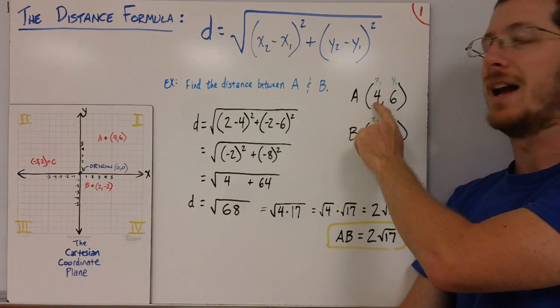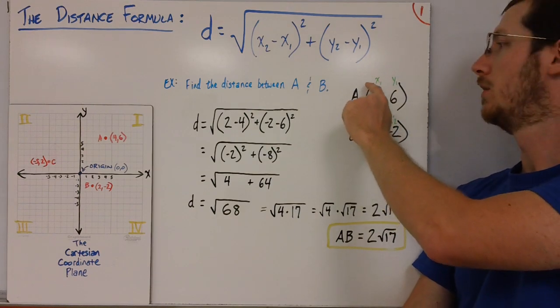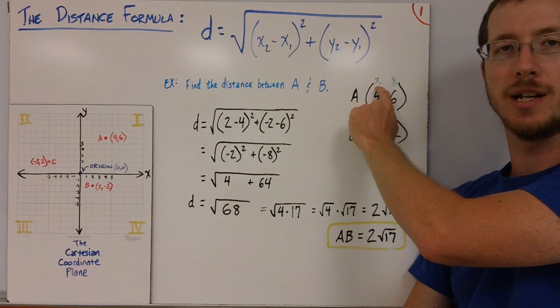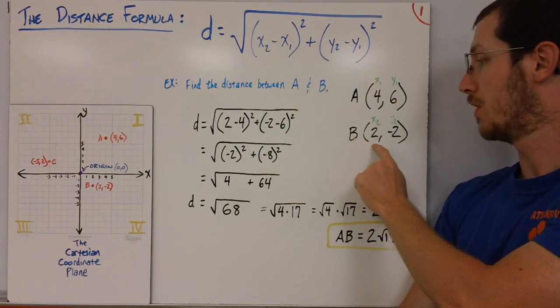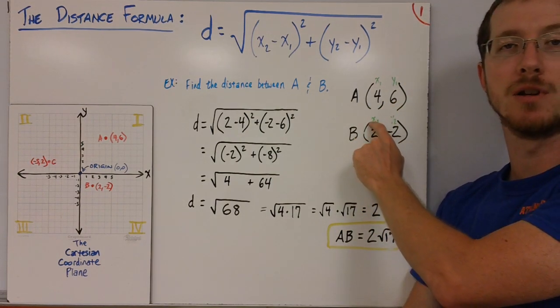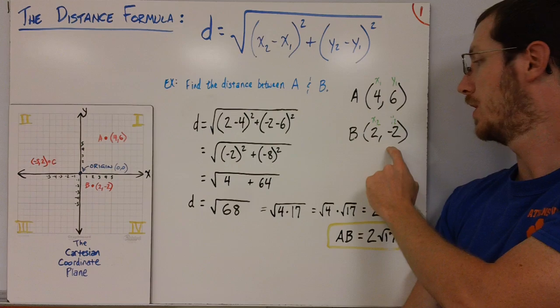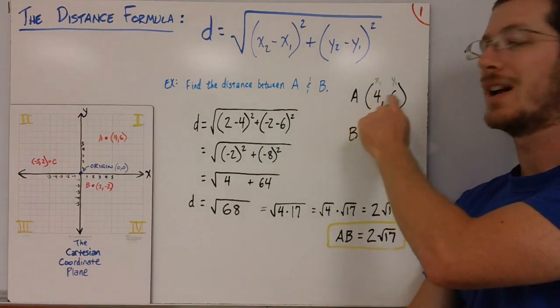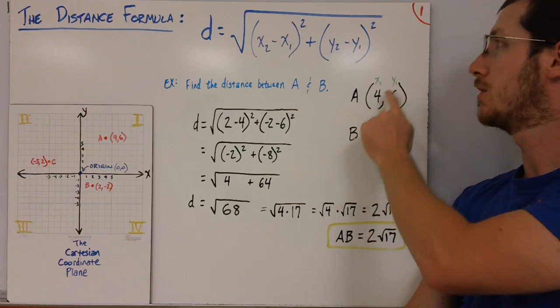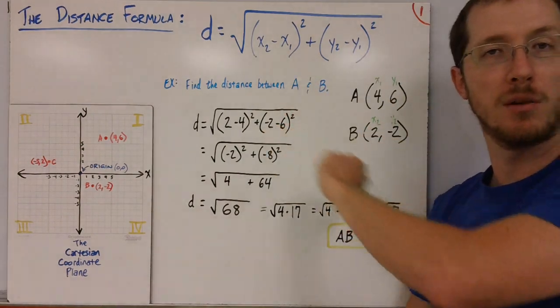The x coordinate of point A, since it's our first point, we call x1. The y coordinate, we call y1. For our second point, the x coordinate is x2 and the y coordinate is y2. Now that we've got each of these numbers assigned to a variable in our formula, we can just plug them in.